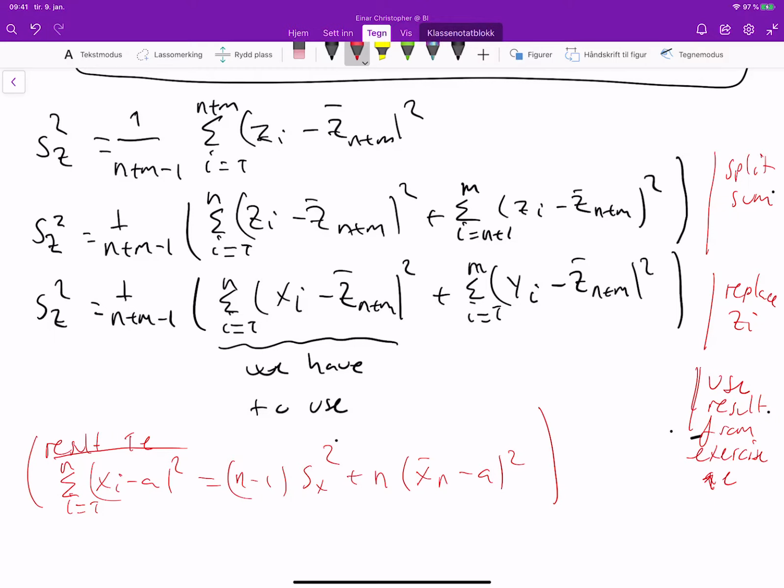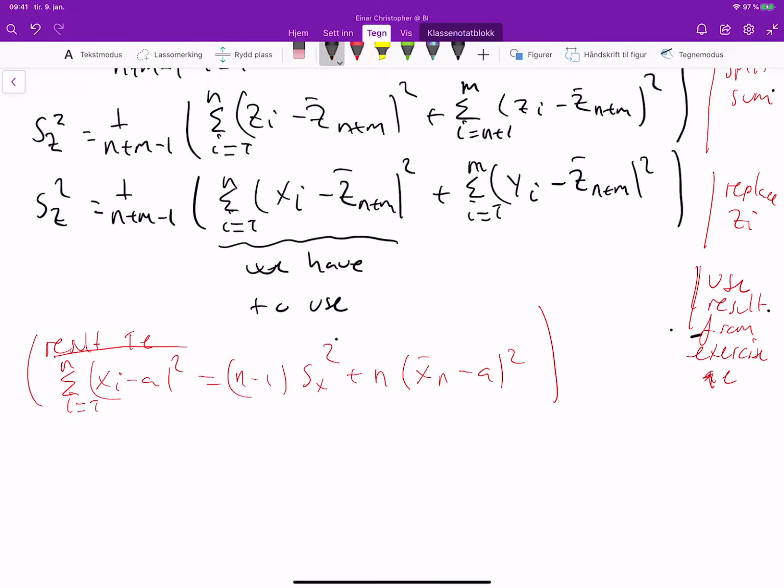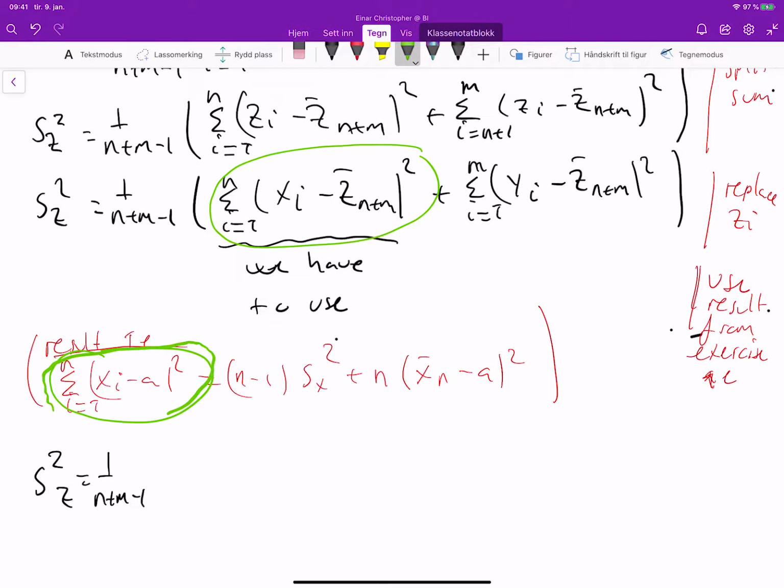This is a result, so now I'm using it, and then we get s_z in the power of 2 equal to 1 divided by n plus m minus 1, and then we see that this one plays the role as this one. So then we can write this sum otherwise, and I just do it now. So then we get the following.